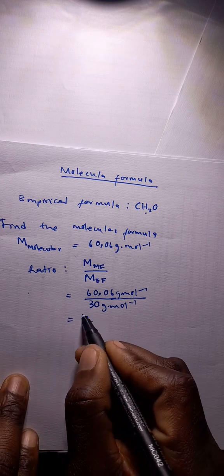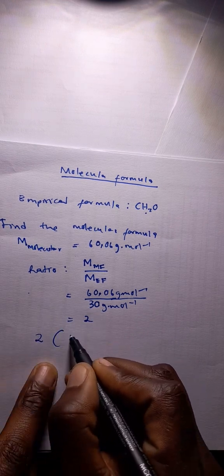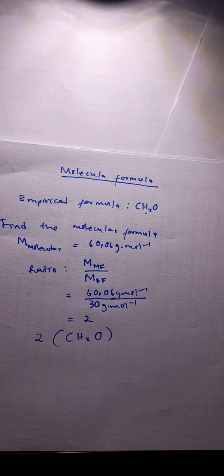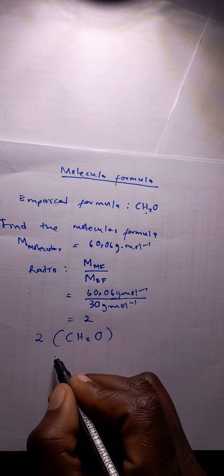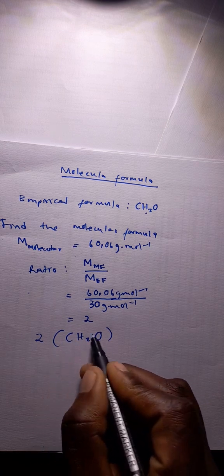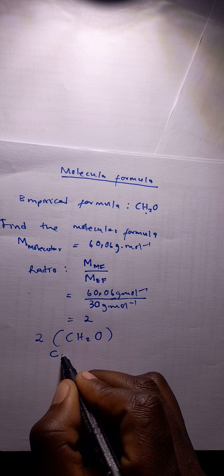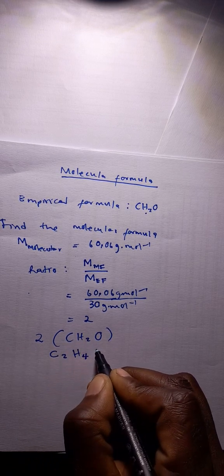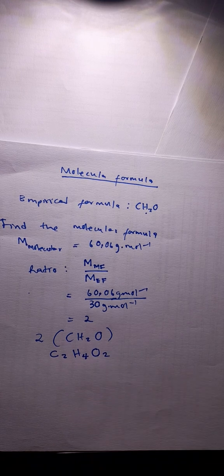Then you take that 2 and multiply it into your empirical formula, and you are going to get C2H4O2.